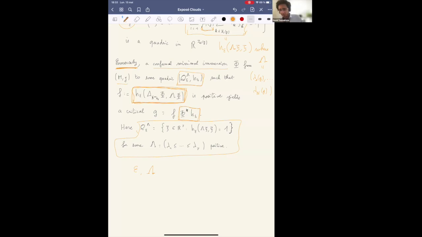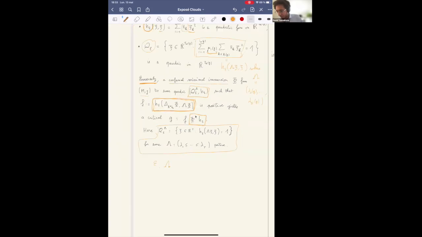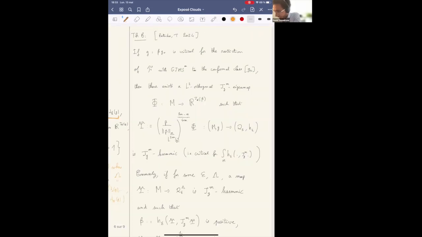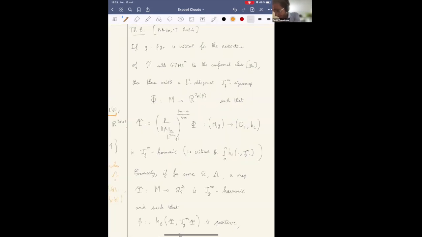Are there any other questions on this theorem? No. Okay. So the second theorem I'd like to give is about the conformal critical metrics for the GJMS operators.